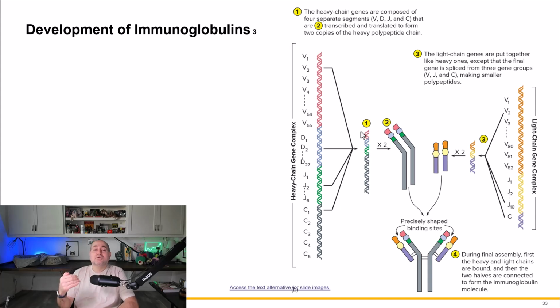And remember, once you've picked those genes, you can even mutate them further, right? They get somatic mutations, which means extra mutations in that gene for more antibody specificities.